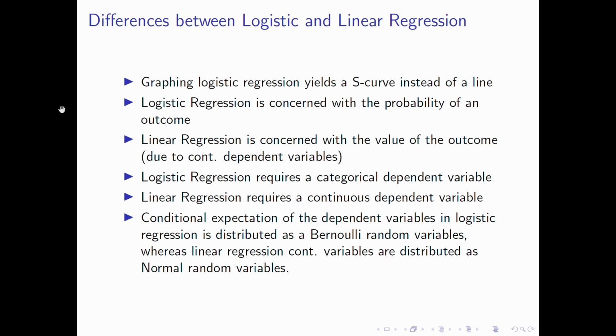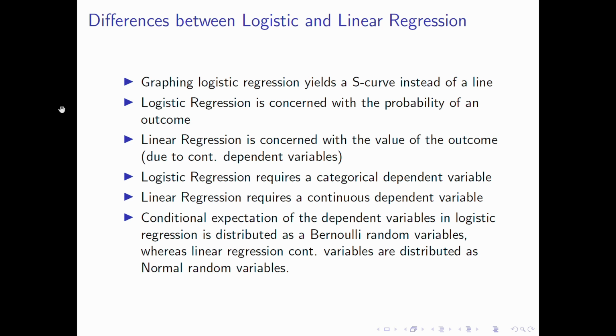Some of the main differences between logistic and linear regression are that graphing logistic regression yields an S-curve instead of a line as in linear regression, and that logistic regression is concerned with the probability of an outcome, while linear regression is concerned with the value of that outcome due to its continuous dependent variables.